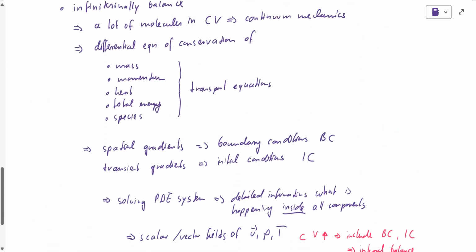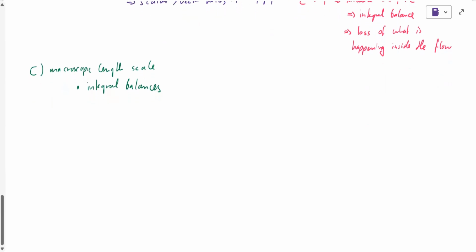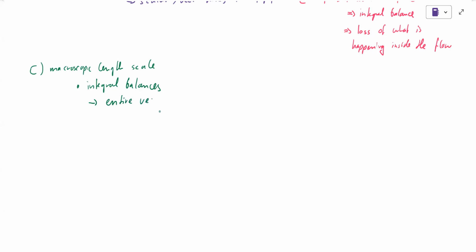So then, if I am in the macroscopic scale, I can use the integral balances, which means that the entire vessel is the control volume, CV of course, and integral fluxes for mass, momentum, and so on is what I can use.